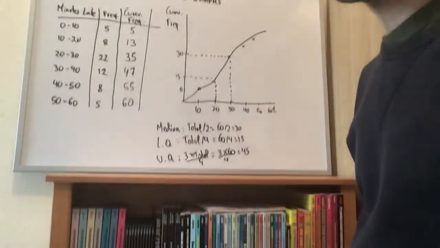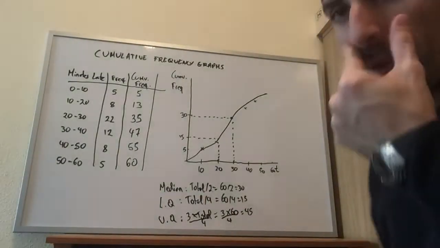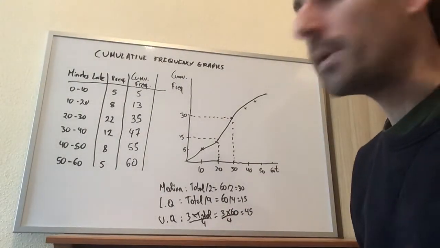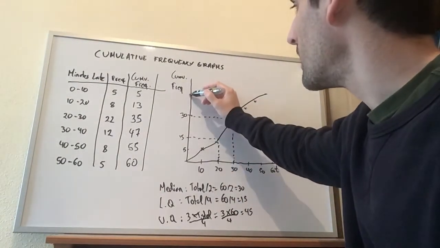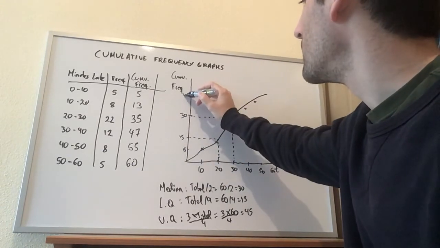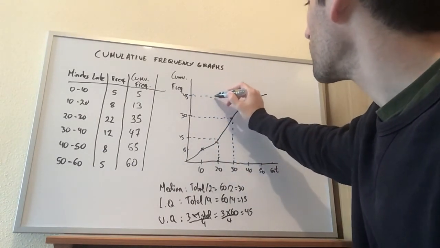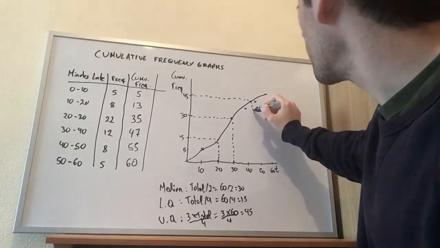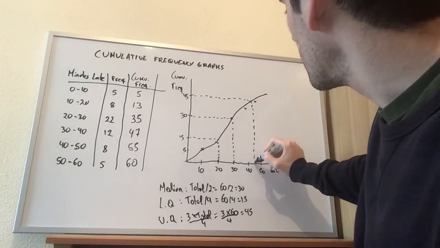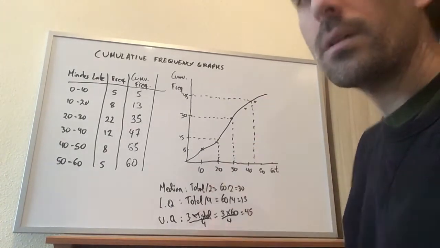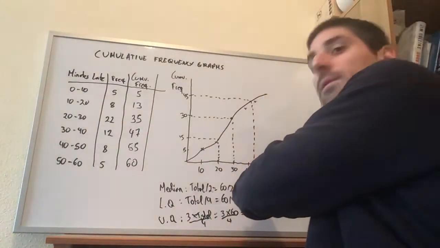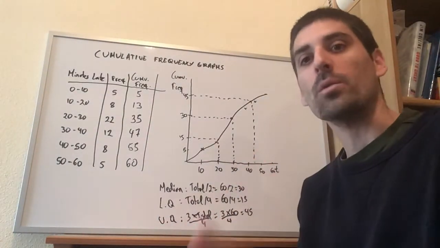So the upper quartile, I should find some way to keep these, okay, much better. 45, so I'm looking for person number 45, which would be somewhere here. That would be person 45, so take my reading across, then down there, and that value there would be my upper quartile value.